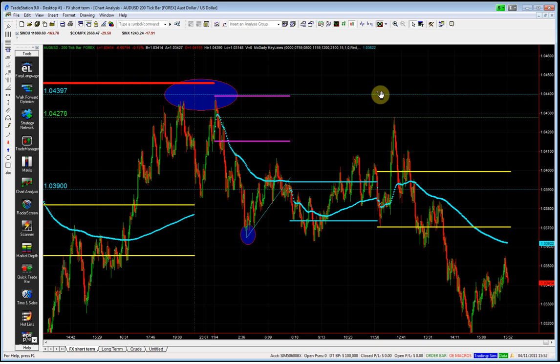This is our structural long, so it might be a good idea to trade on the long side of the Aussie dollar, really just to wait for the 104.39 to be taken out.